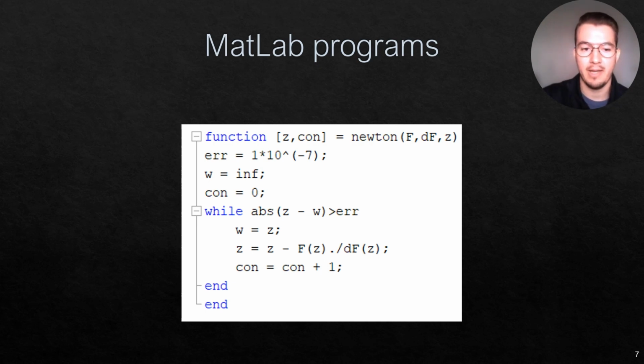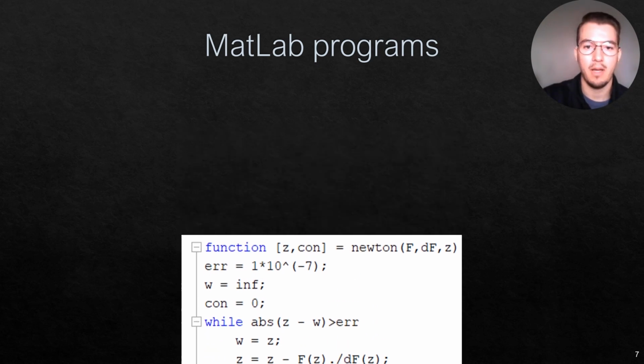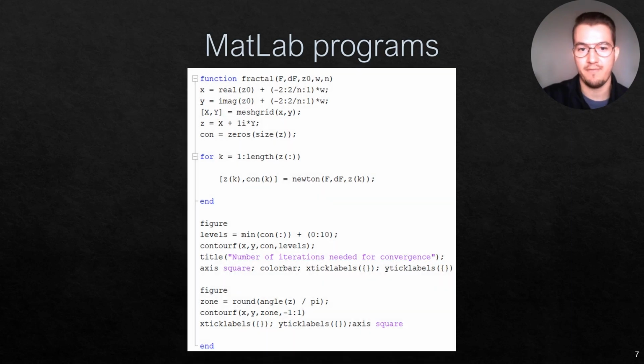Secondly, I use this fractal function, which aims to generate fractal patterns using the Newton-Raphson method. It takes as input the complex function, again its derivative, an initial point, set sub-zero, and, what's important, a grid width, which is W, and the resolution, which is n.